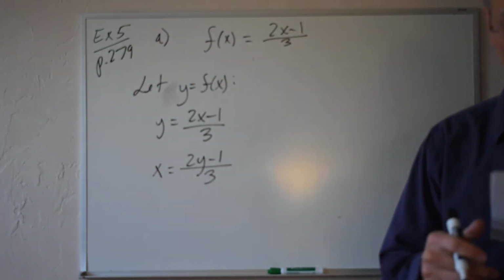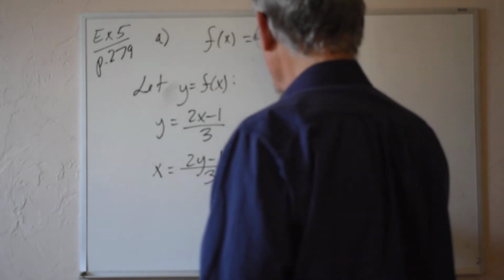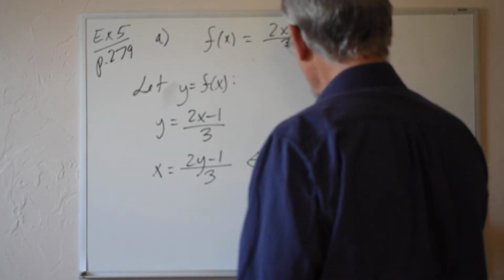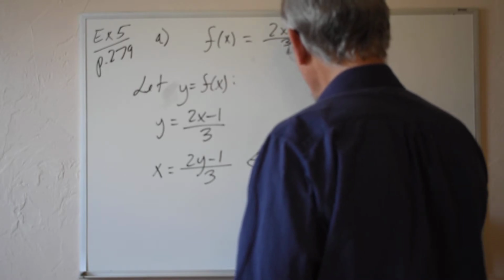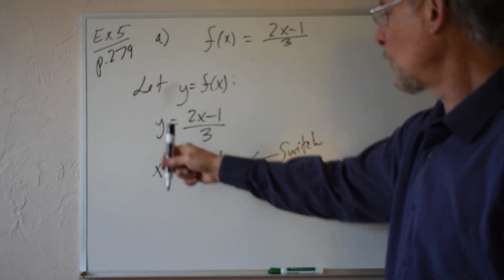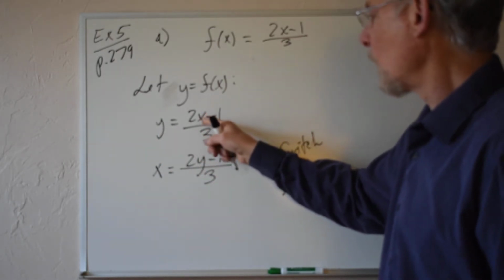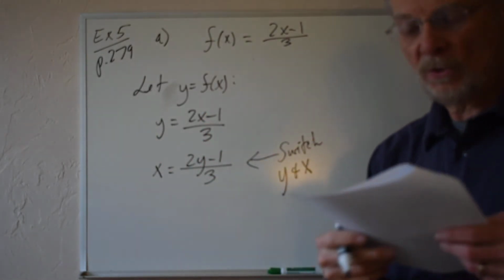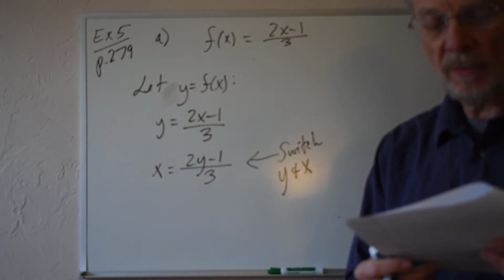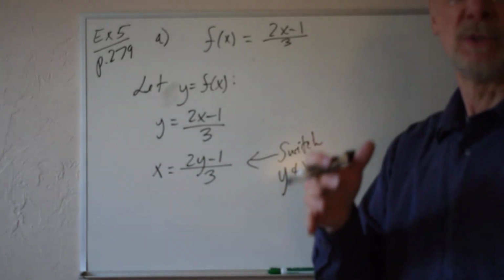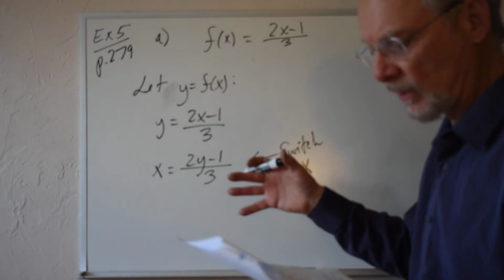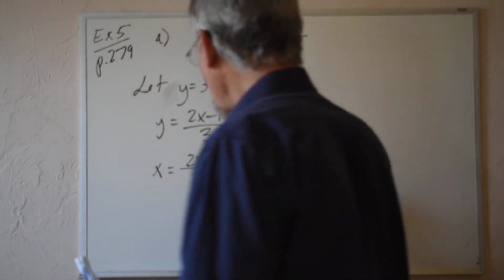Switch the variables. Write x where y used to be, write y where x used to be. So they're just switching roles. So what's their relationship? Their relationship is reversed. We're going to make up the inverse here. We're going to reverse the process. Solve for y.